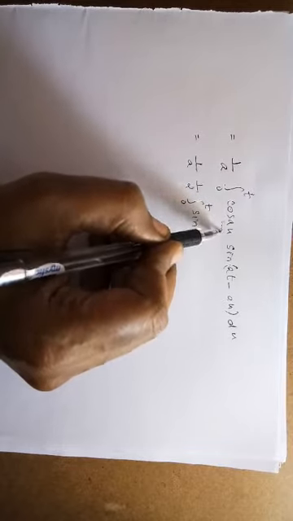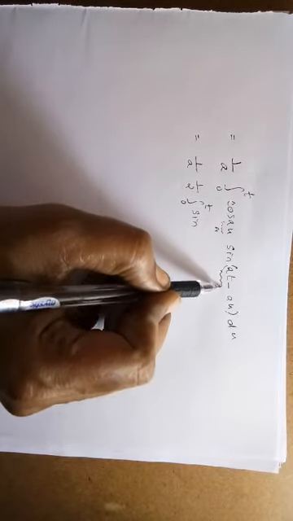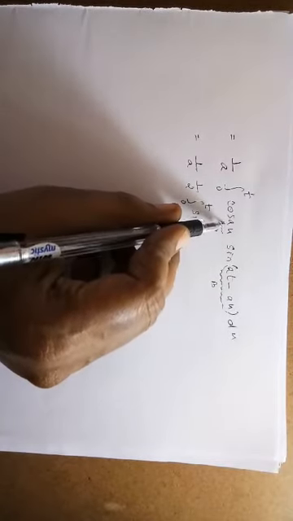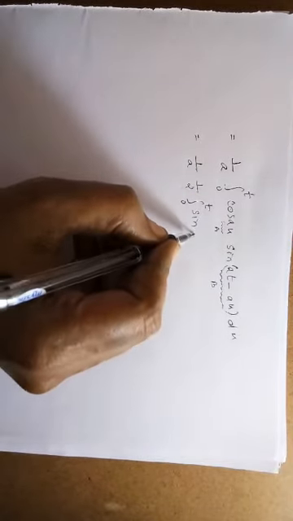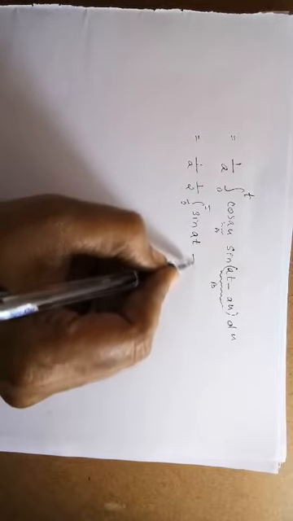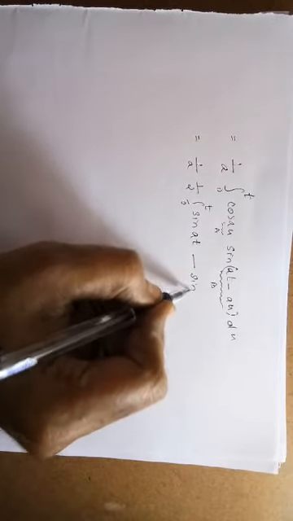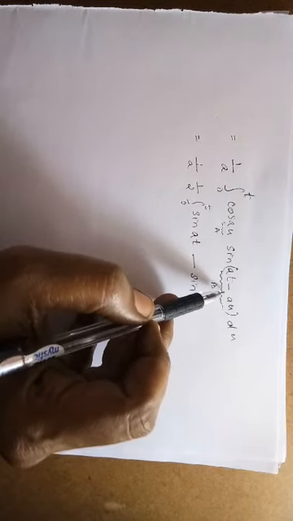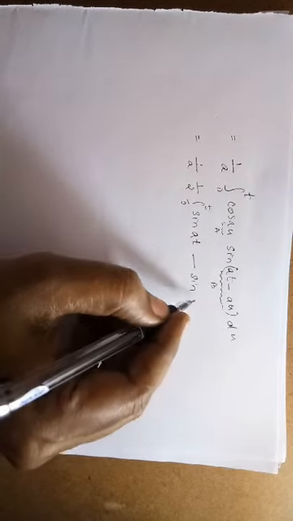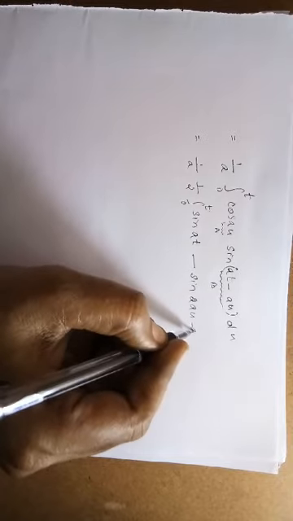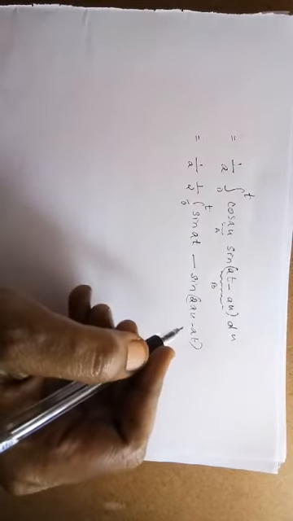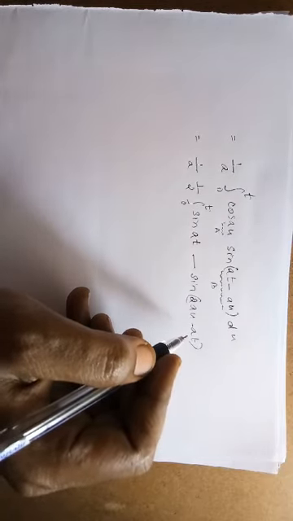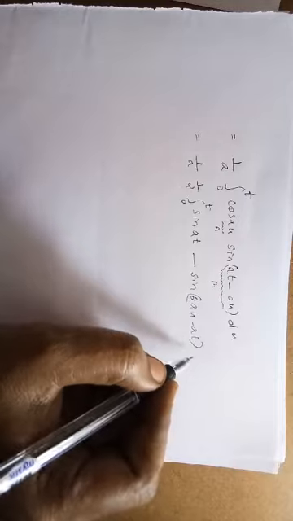A is au and b you have to take as at minus au. So sin(a plus b), au plus at minus au, so sin at remains, minus sin(a minus b), au minus at plus au, so 2au minus at, du.